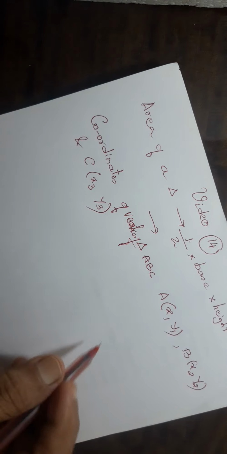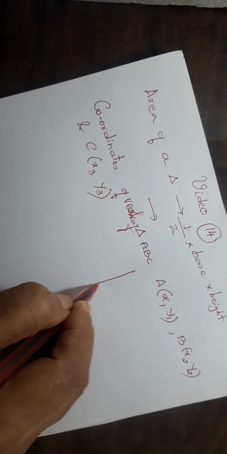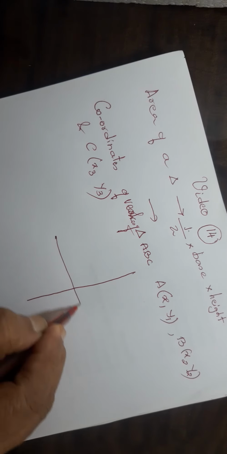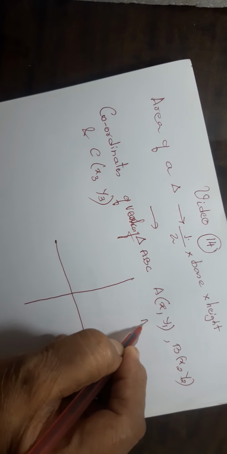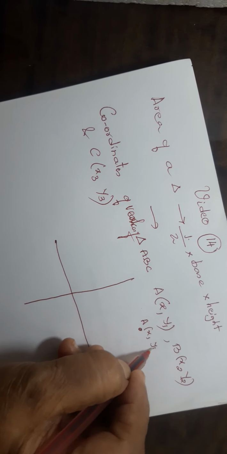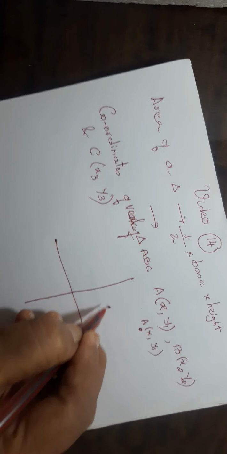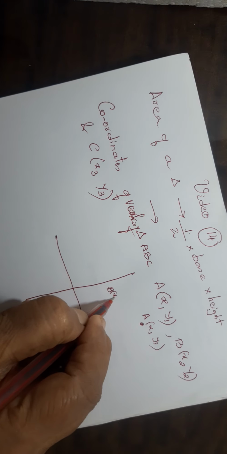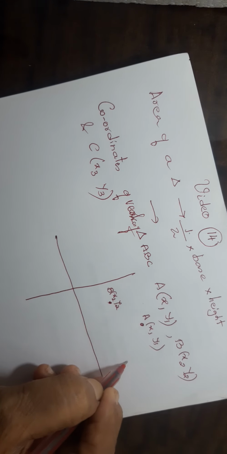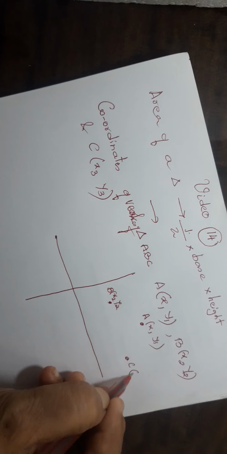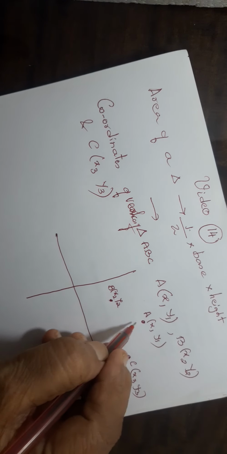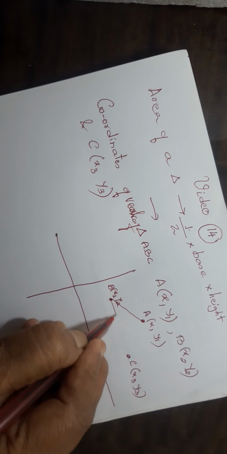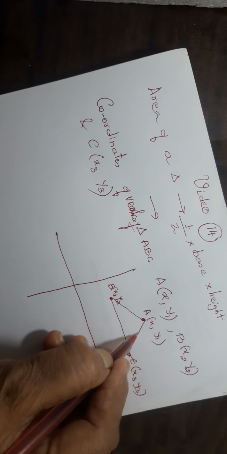When we take this triangle in the coordinate axis, let us say this is A x1 y1 and here comes B x2 y2 and here comes C x3 y3. Now if you join this, you will get a triangle.